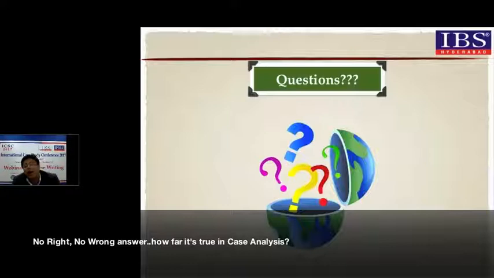Though there are no right and wrong answers, even as a teacher when you are teaching the case, you want your students to take a stand and justify that stand. That is very important to the learning. There may be 2, 3 or 4 different perspectives coming from different students, each of them taking their stand, and each of them may be right in certain ways.